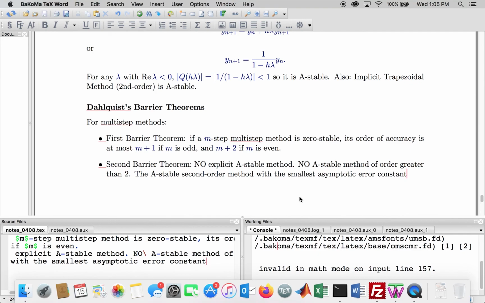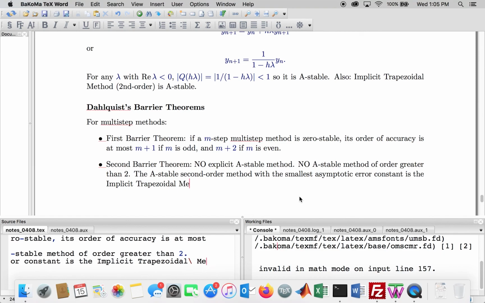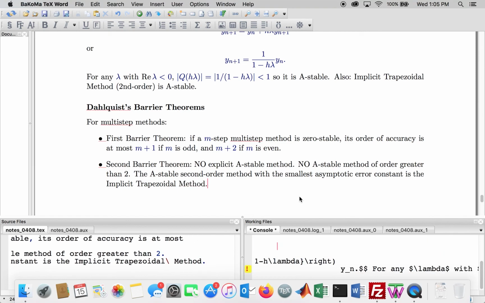So the A-stable second order method with the smallest asymptotic error constant is the implicit trapezoidal method. So it's an optimal method in that sense.